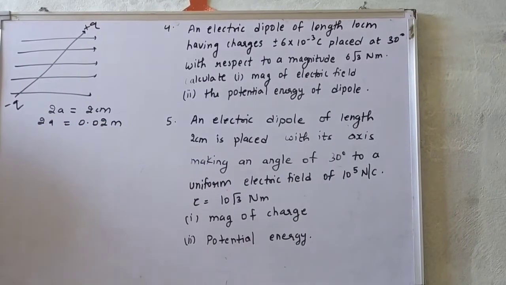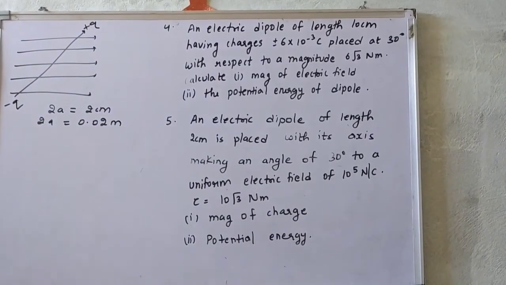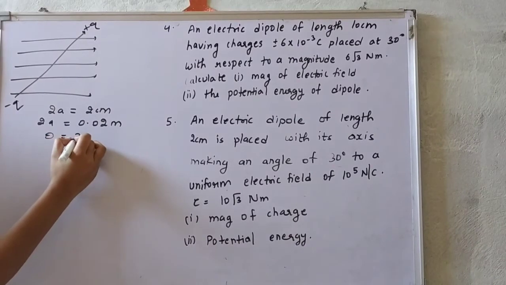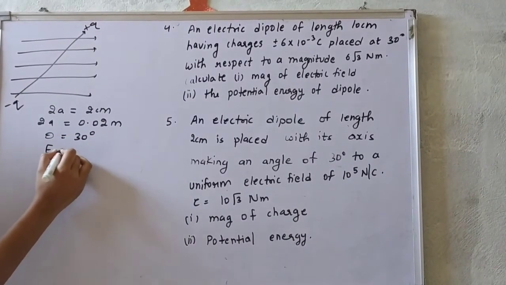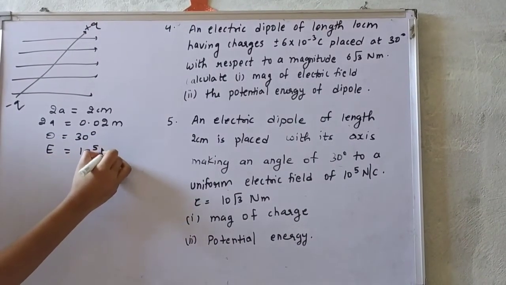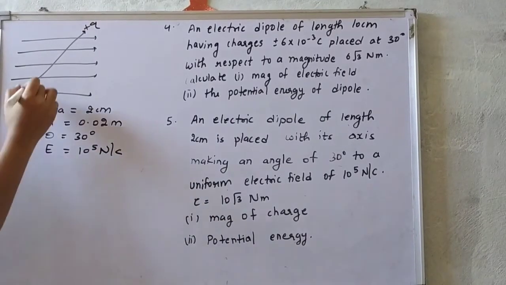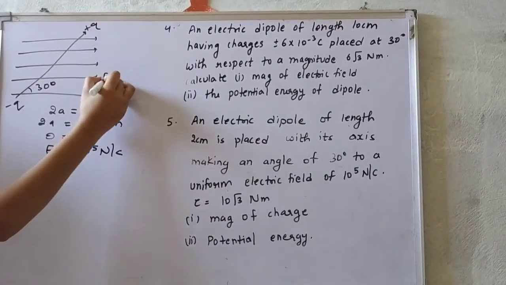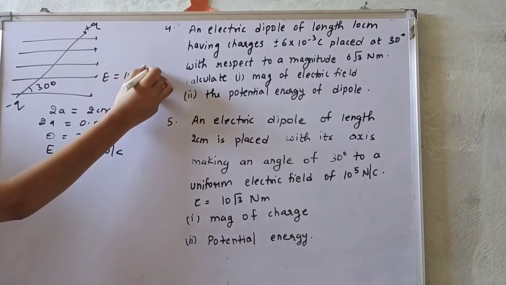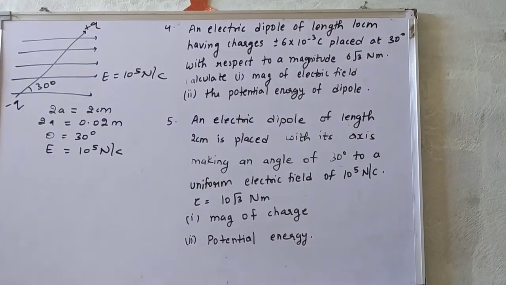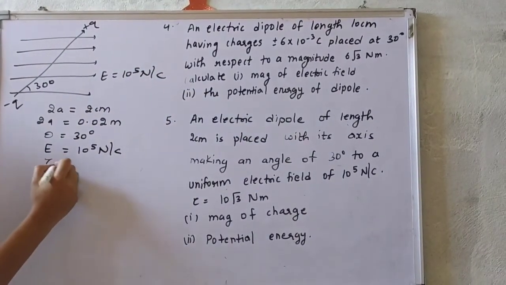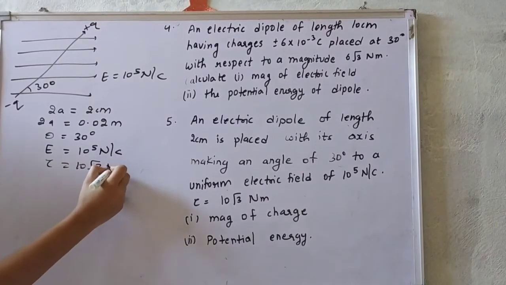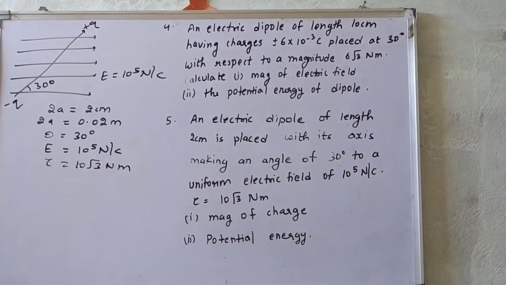This is the value of 2a. The angle is 30 degree. The electric field is given, 10 raised to power 5 Newton per coulomb. The torque is given, 10 root 3 Newton meter. We need to calculate the magnitude of charge.